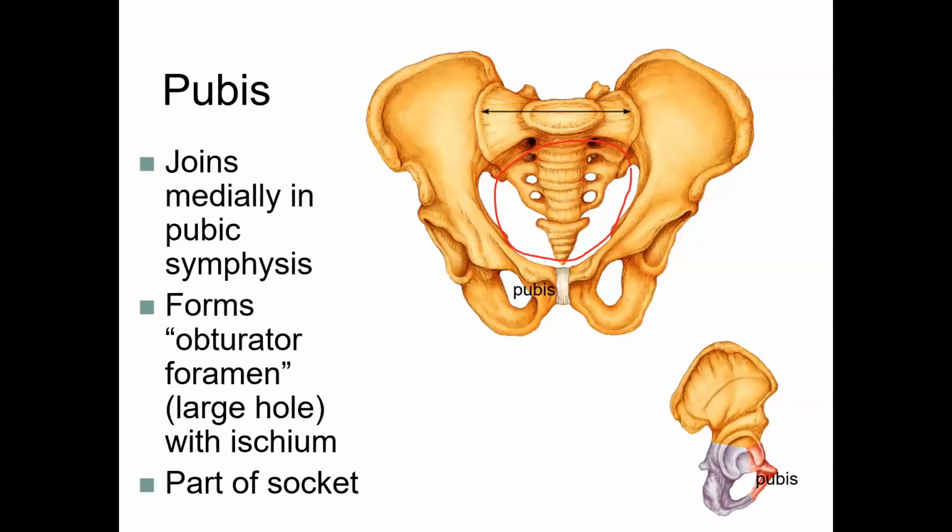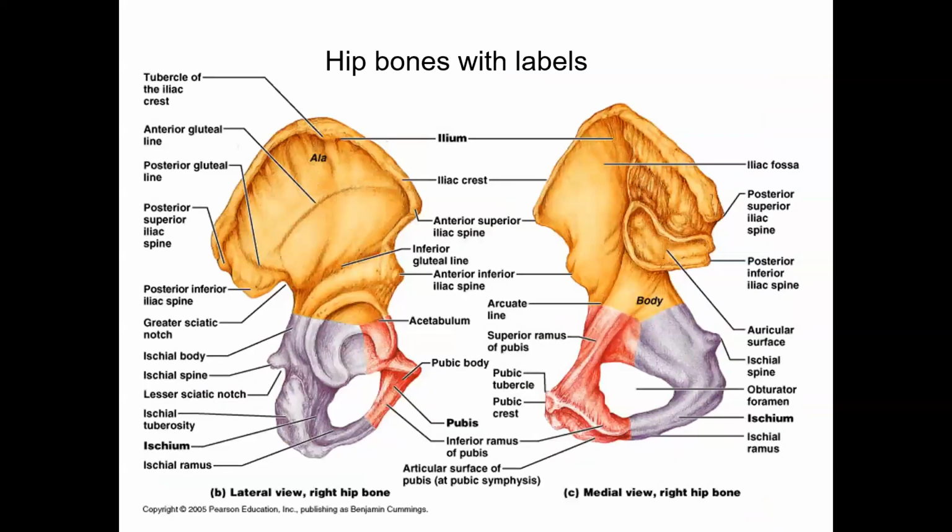I want you also to remember how to label this diagram here. So you should be able to tell me which part comes first, etc. You should also be able to tell me why the ball and socket joint, which is what it is, at the pelvis is so much stronger than most of the other joints in your body, right?